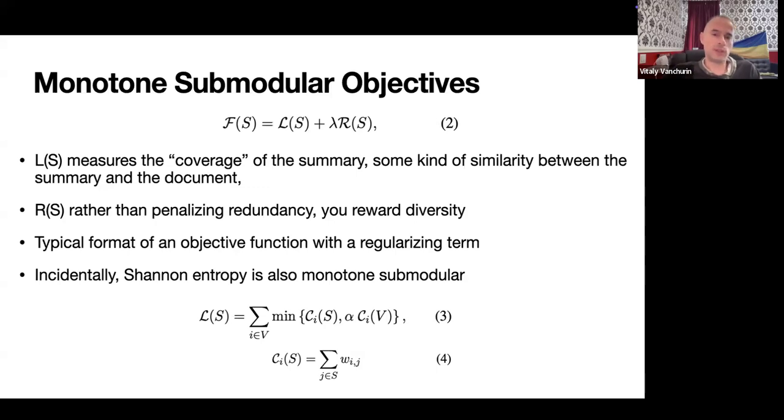My comment was only, maybe if you correctly define information coverage in L of S, how much information is preserved in your summary, then maybe you will guarantee diversity, because in order to have more information, it has to be diverse.